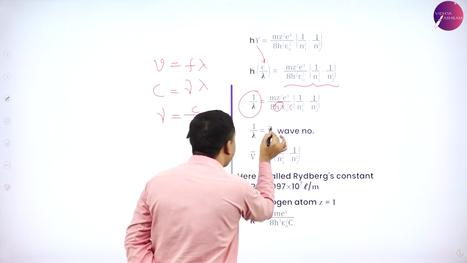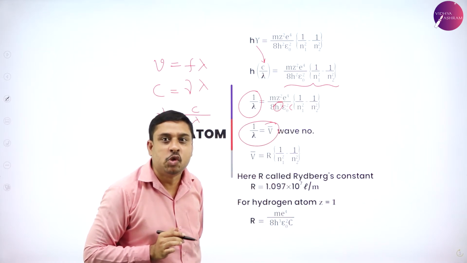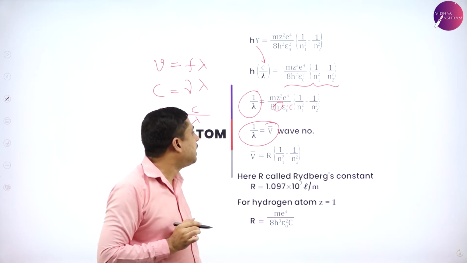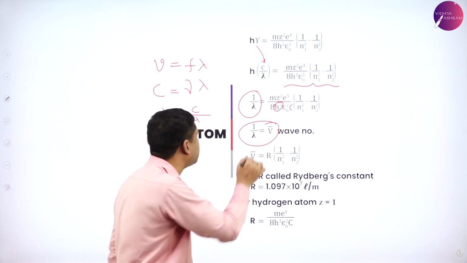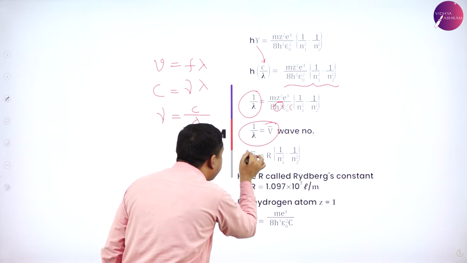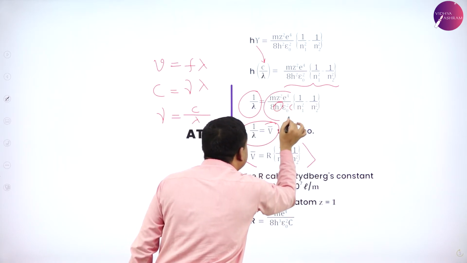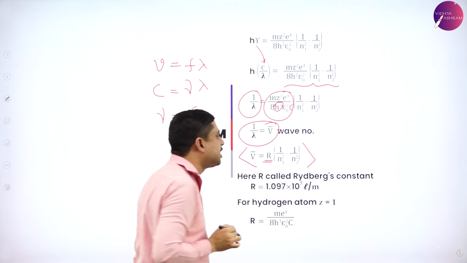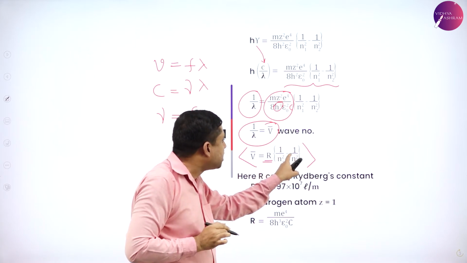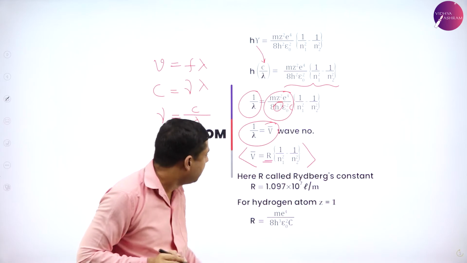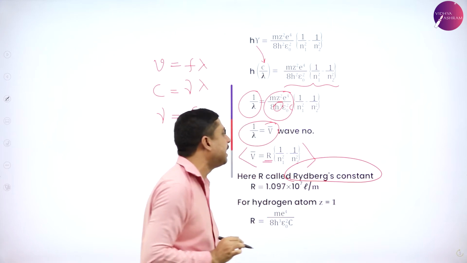And here, this 1 by lambda is represented as nu bar and it is called the wave number. So simplifying this expression, 1 by lambda, nu bar, is equal to R times 1 by n1 square minus 1 by n2 square, where all these constants are replaced by R, which is called Rydberg's constant.